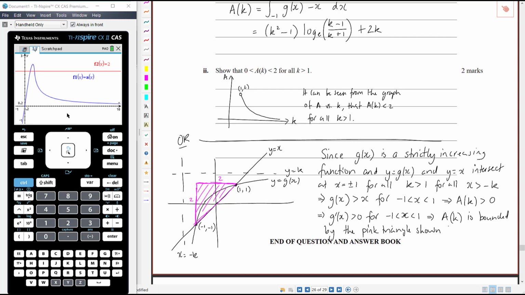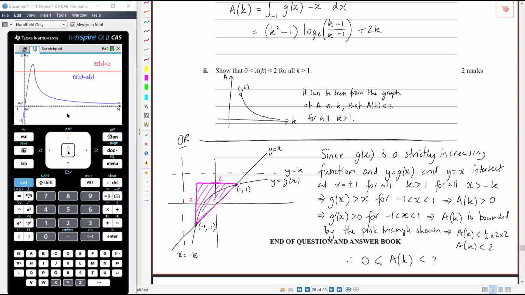Shown. So this means that a of k has to be less than half times 2 times 2. So that means a of k has to be less than 2. And so therefore a of k has to be somewhere between 0 and 2.